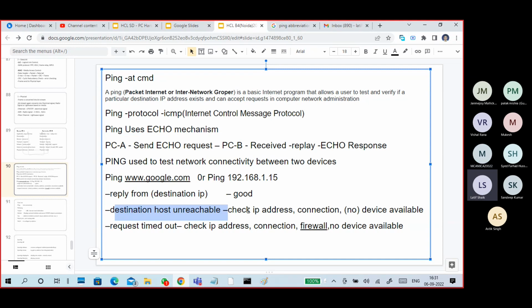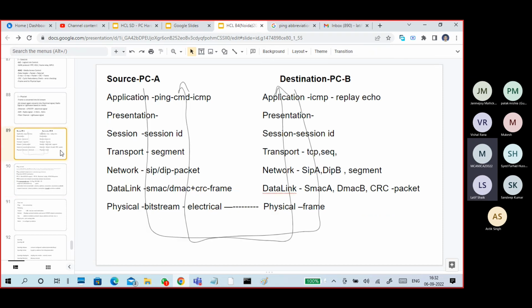For request timed out, check the IP address of your PC and the destination PC, connectivity, routers, switches, device availability, and also check the firewall. Is your firewall blocking? So this is the story of ping: ICMP protocol echo mechanism. Ping is used to test connectivity.